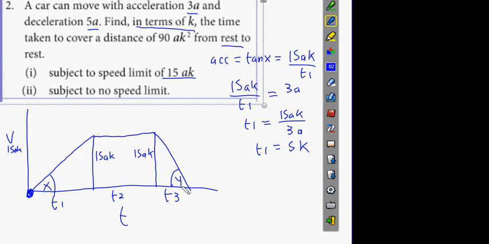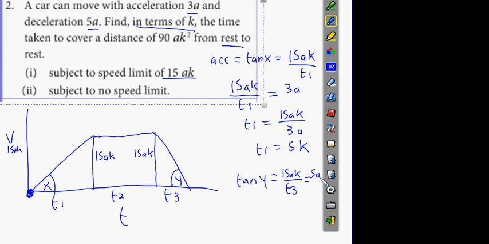Same trick for T2 or T3. We'll call that tan y. Tan y equals 15ak over T3, and that in turn equals 5a. Do you notice the sign isn't relevant for this?